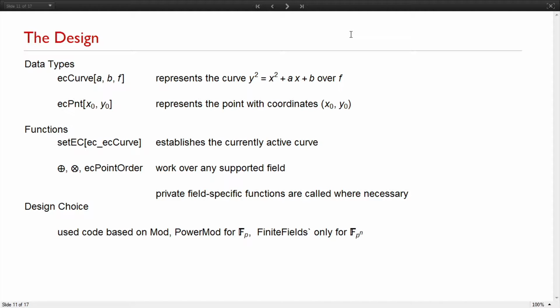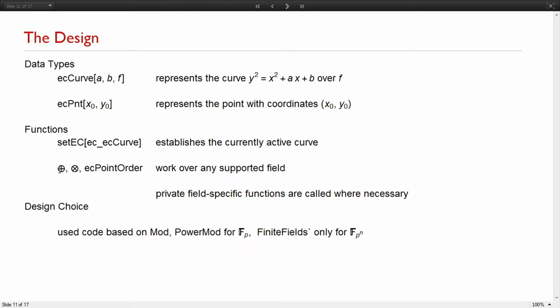One of the key functions is setting the current curve. Set EC with a curve establishes the currently active curve, and now we can work in a very simplified form. Since the curve is implicit, we can use operator notation to do the elliptic curve arithmetic. The underlying code is field neutral, and hidden private functions take care of the dirty work of working in different fields.